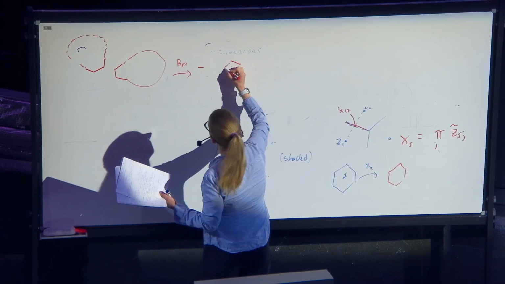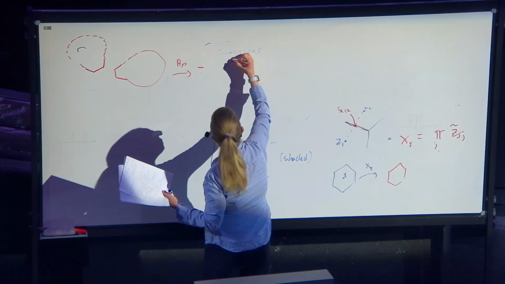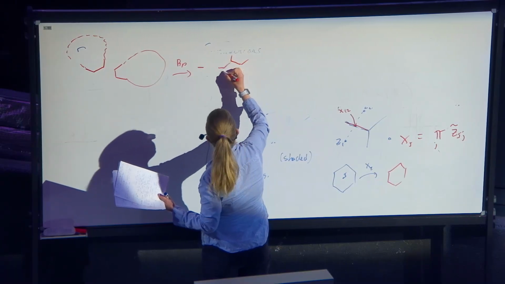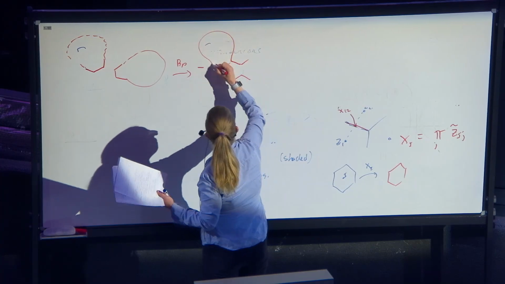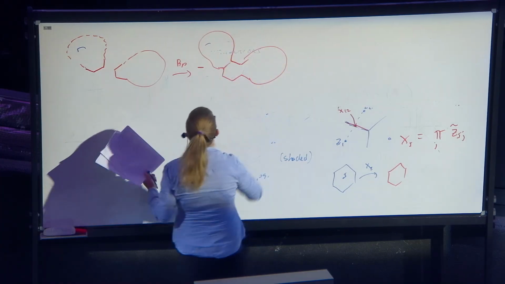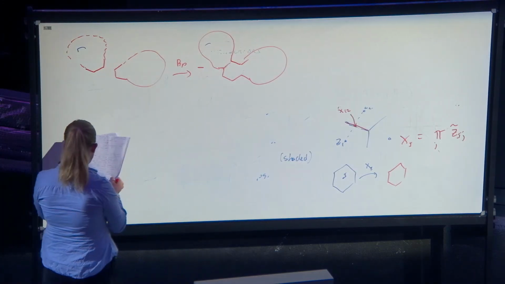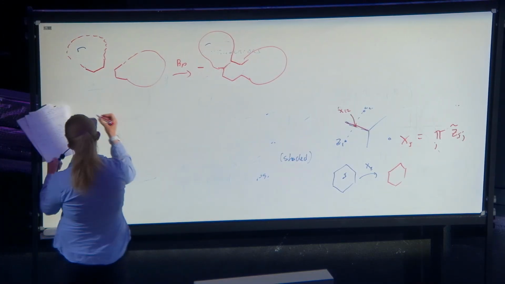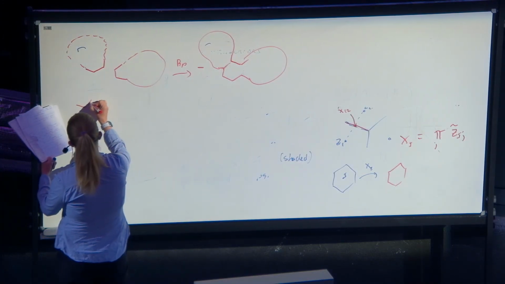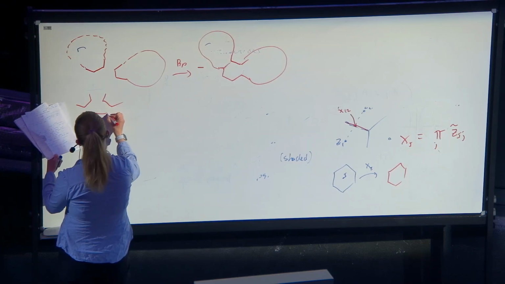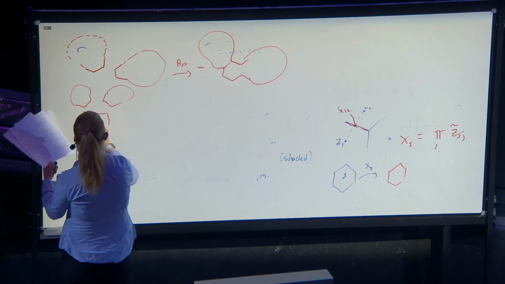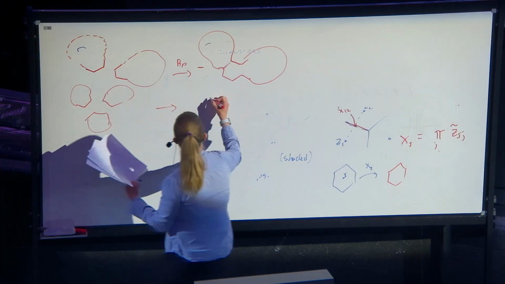Now these guys are going to be connected up in the opposite way, something like this. And so on. Then if I have 6, you're again going to get a plus sign. We could draw the loops like this.